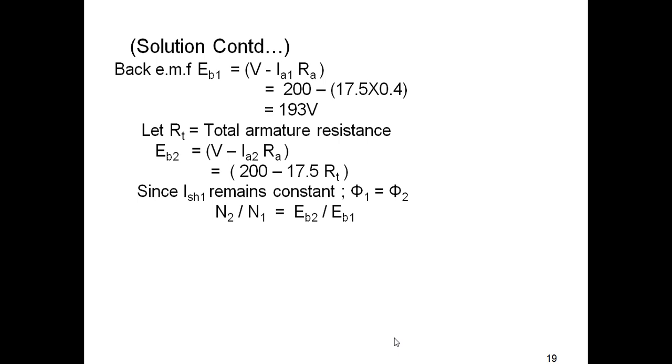So from the back EMF equation, EB is equal to phi Z NP by 60A, we can write N2 by N1 is equal to EB2 by EB1. If we substitute the values, we get 600 by 1000 is equal to 200 minus 17.5 RT by 193.